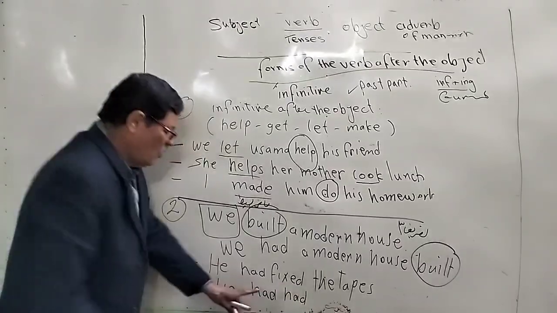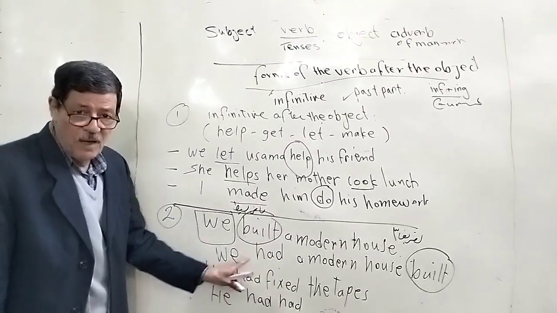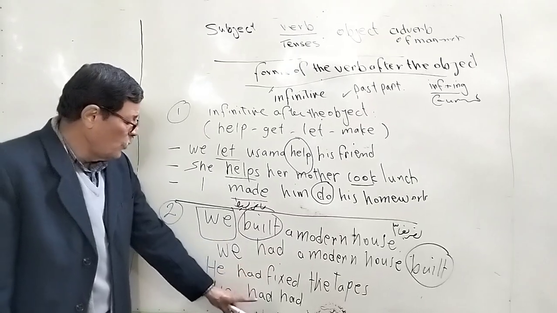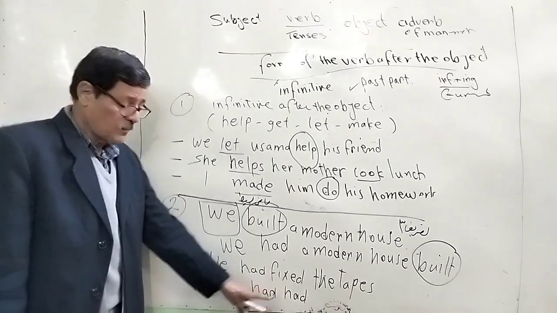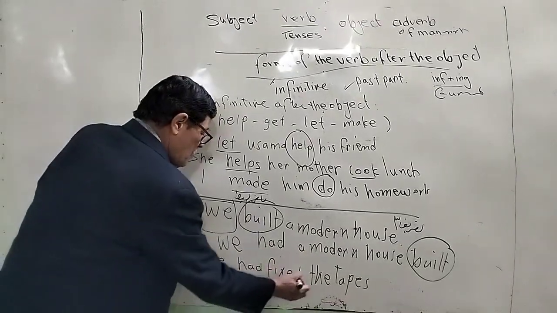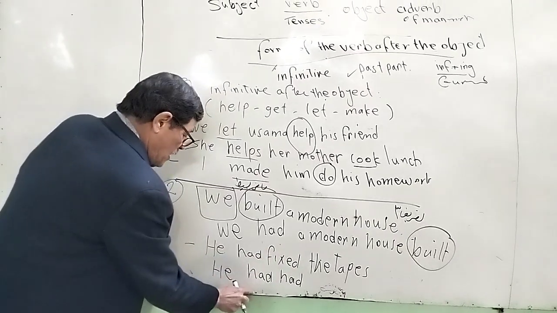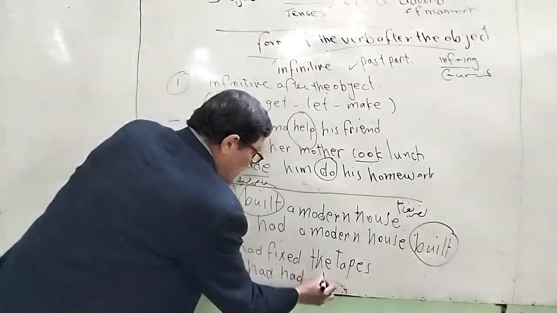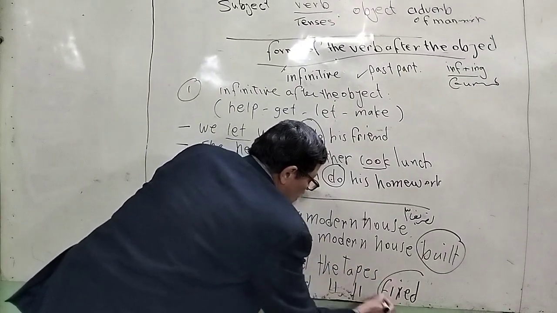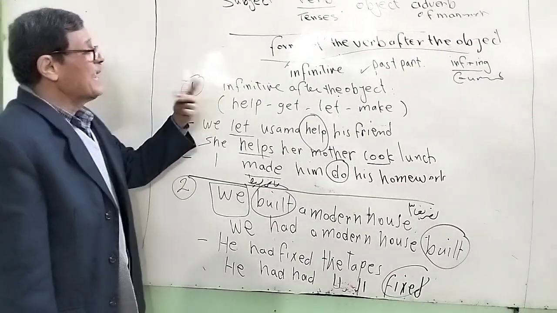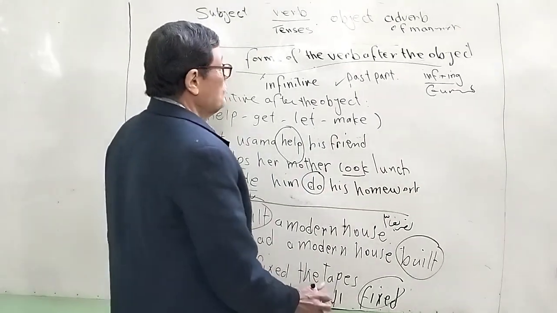Why had? Because had fixed is past perfect. We use the verb to have in the past perfect, had, and this is the past participle for the past perfect. Okay. This is the second form for the verb after the object.